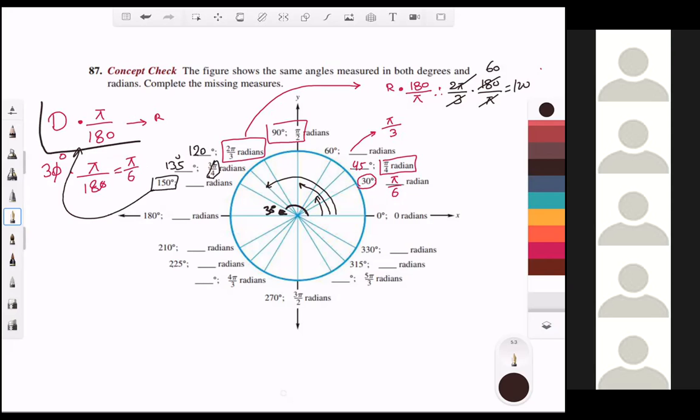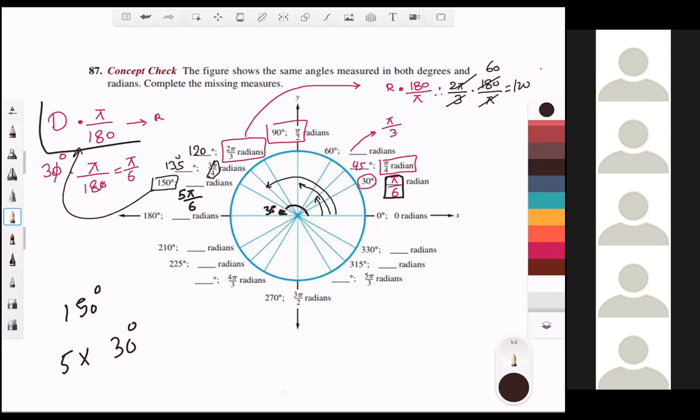So we are dealing with pi over 6, something multiplied by pi over 6. In order to get 150, how many 30 degrees should we multiply? 5 times 30 is 150. So I can put here 5 pi over 6. Good.